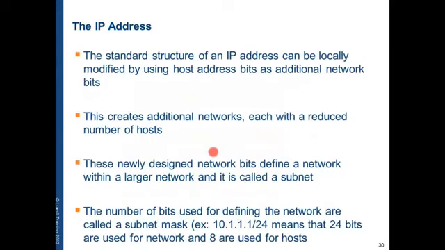This way, we create more networks and reduce the number of hosts per network. The newly created networks are called subnets, and the number of bits used to define the network part is called a subnet mask. For example, here we have an IP 10.1.1.1/24. This 24 means that 24 bits are used for the network part and 8 are used to define the host number.